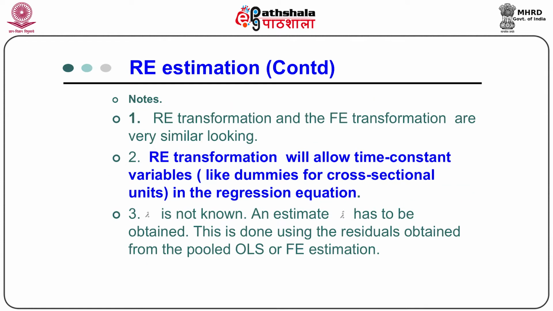Note that this random effect transformation and the fixed effect transformation look very similar. The random effect transformation will allow time-constant variables like dummies for the cross-sectional unit in the regression equation. Lambda is not known, so an estimate lambda hat has to be obtained, and this is done by using residuals obtained from the pooled OLS or the fixed effect estimation.